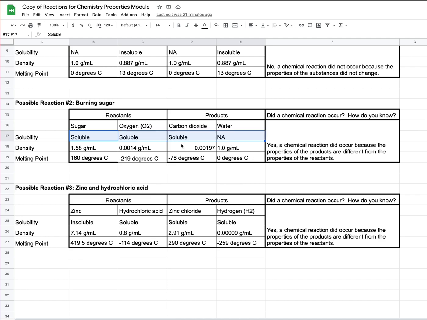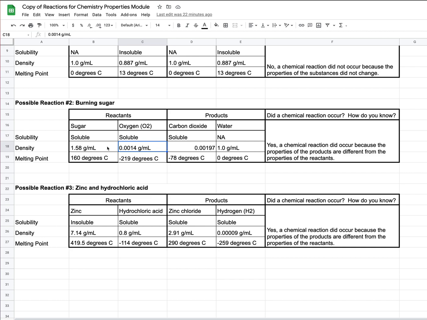Solubility doesn't really change. Everything's still soluble. Density, though, is very interesting. We go from having a moderate density and a super low density to a slightly less super low density, and something that's a little bit lower.